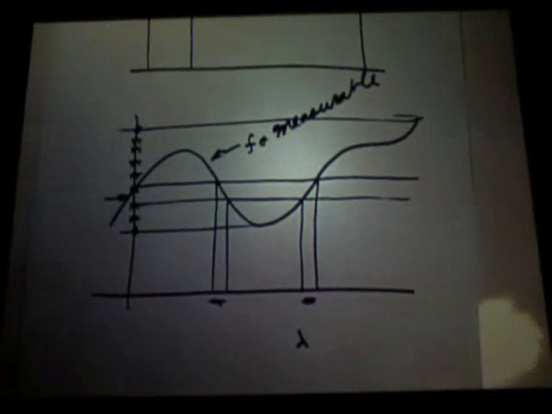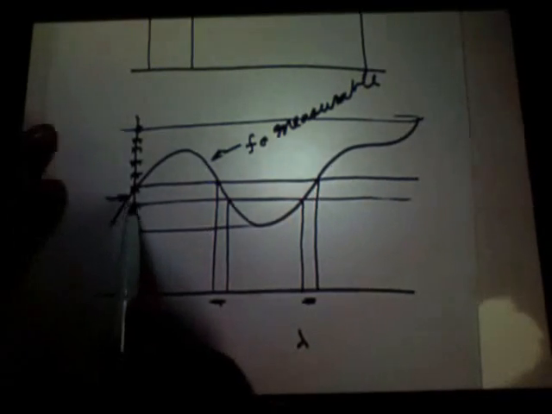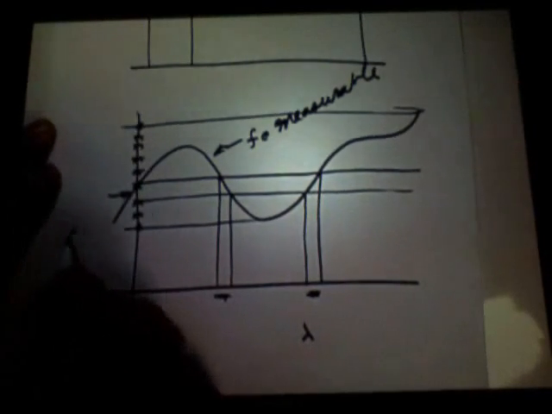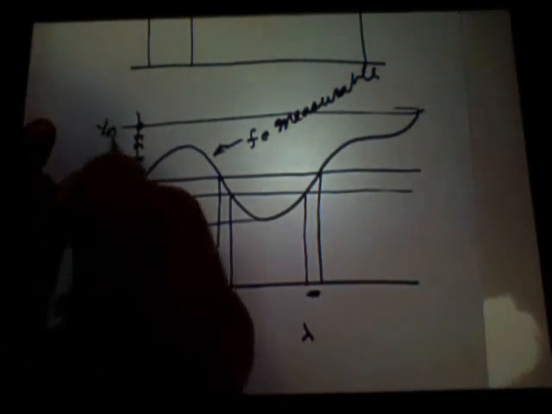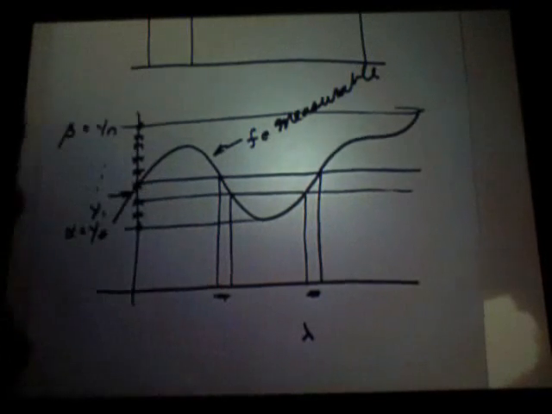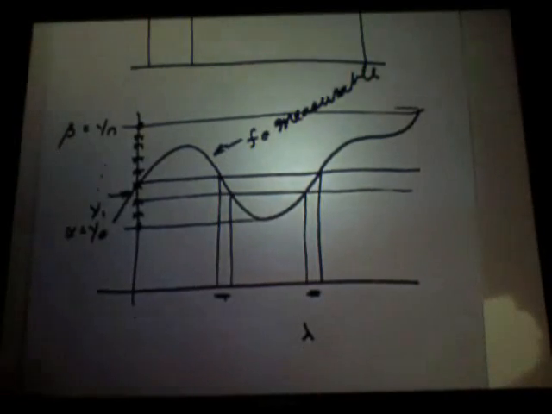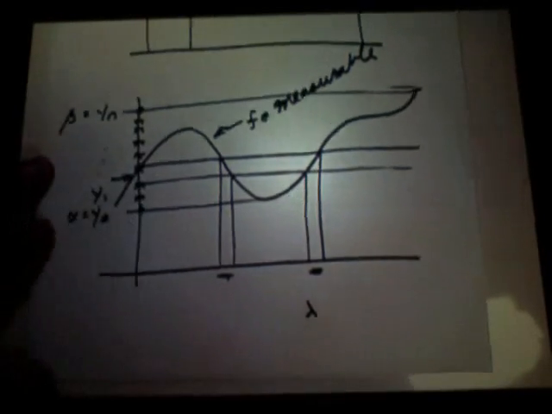So what I do is, since I've partitioned this, let's see, alpha is y0, and I have y1, and so on, up to yn, which is beta, okay? So the range of the function is contained in the interval alpha beta. And I form a sum.